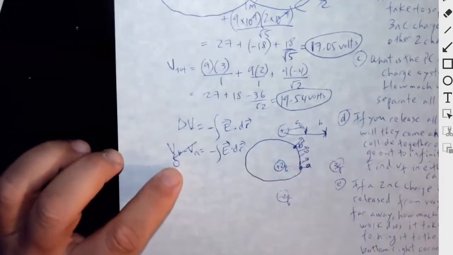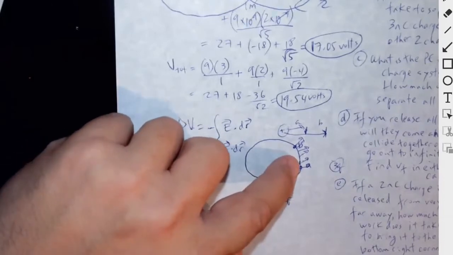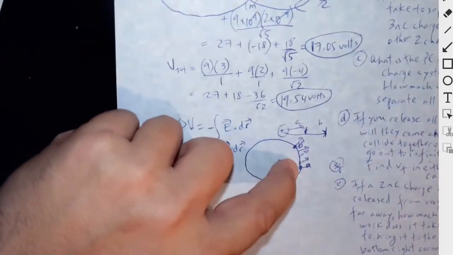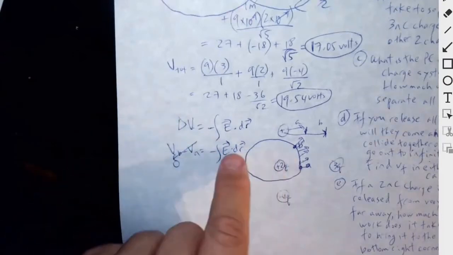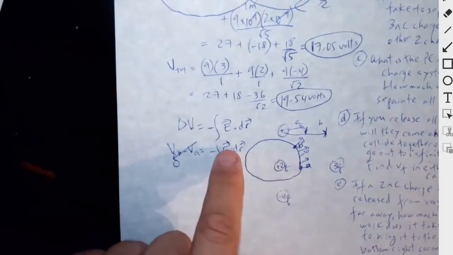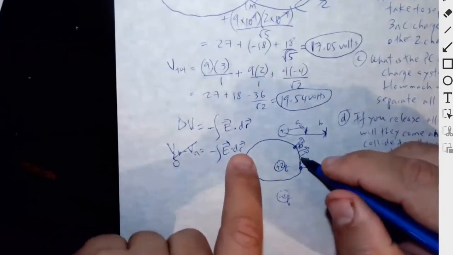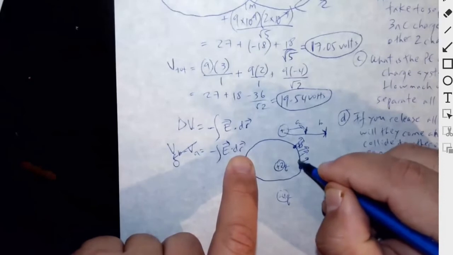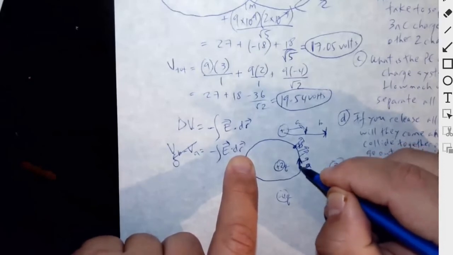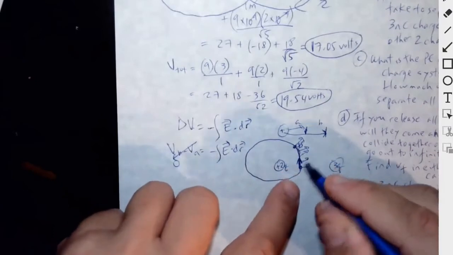The only way to ensure that the voltage there is the same as the voltage here is that the electric field has to be perpendicular. Perpendicular to what? What's the dr? The dr is the path that I'm taking as I go from here to there. The dr is that.